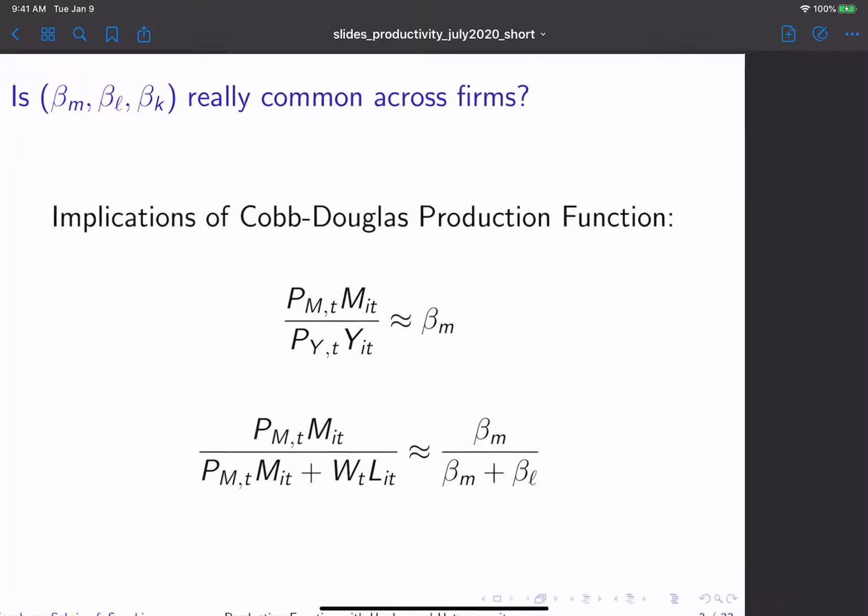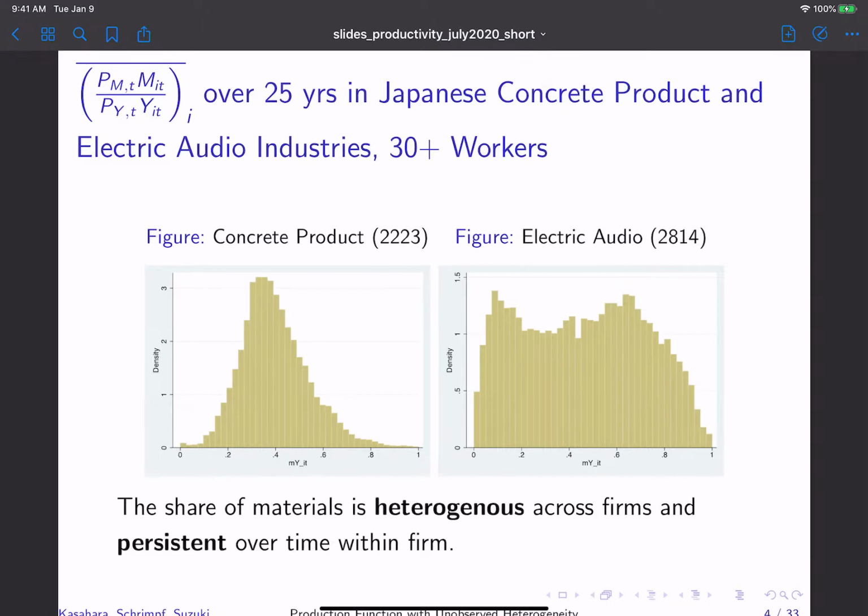But if you look at actual data, this is Japanese manufacturing census data at the 4-digit industry level, looking at concrete products, which is one of the most homogeneous products, I believe, within the 4-digit level of the classification, and electrical audio. For electrical audio, you can imagine there are very different products even within the 4-digit, and you expect that.